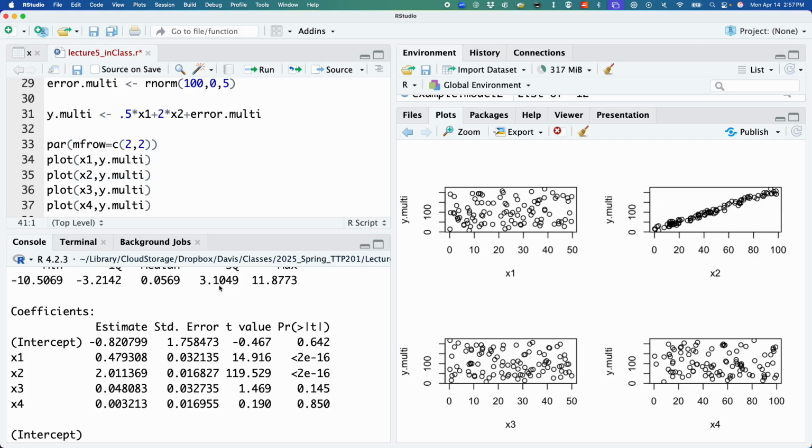And so the linear regression is able to bring us to the true values that we specified on line 31, better than our intuition could by visual inspection. Okay?